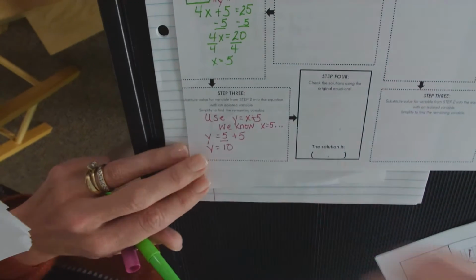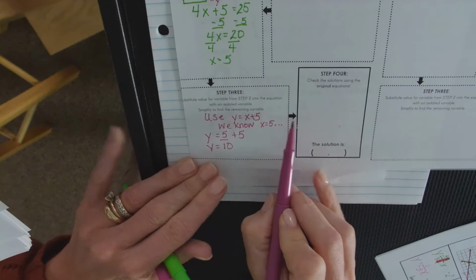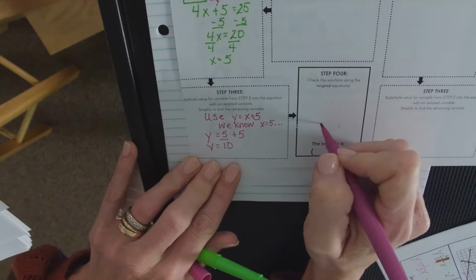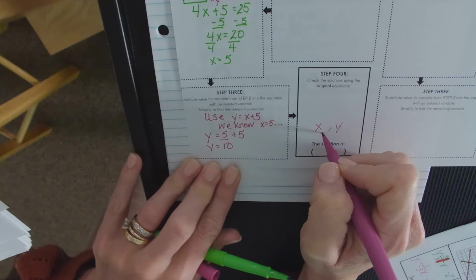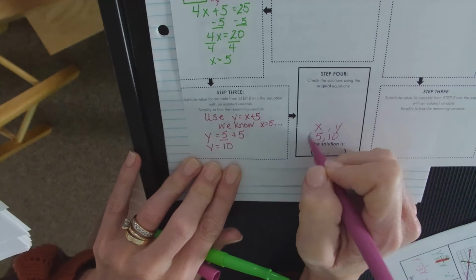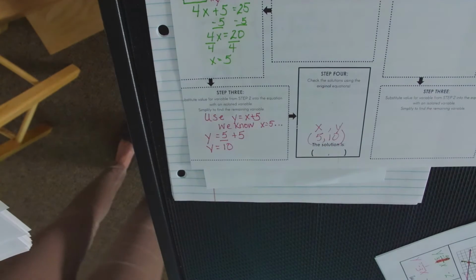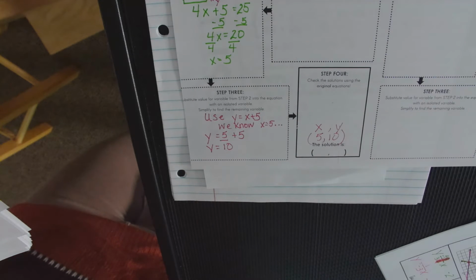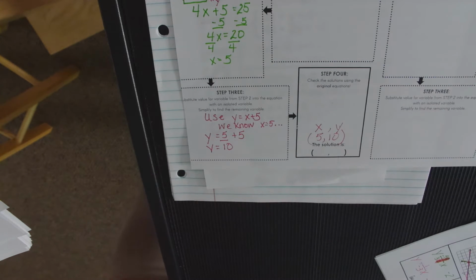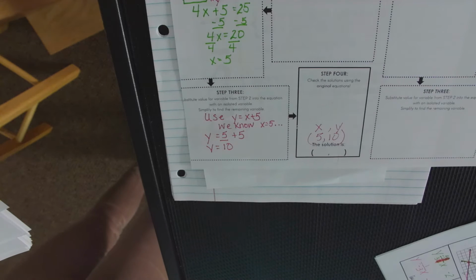All right, so my arrow tells me to go to step 4. What does step 4 say to do? Using original equations as solutions. So I'm going to check my work, right? We have 2 equations to choose from. Let's use the other one.